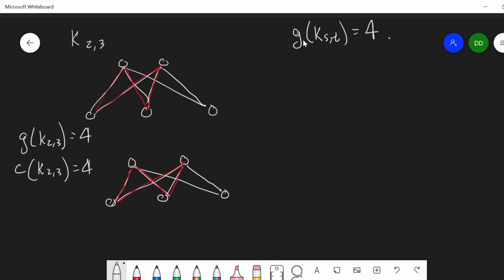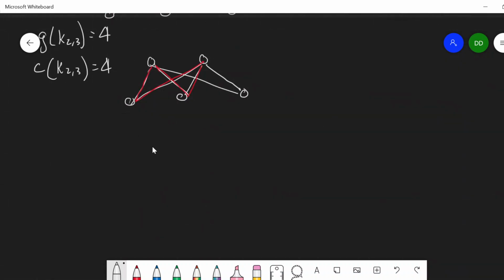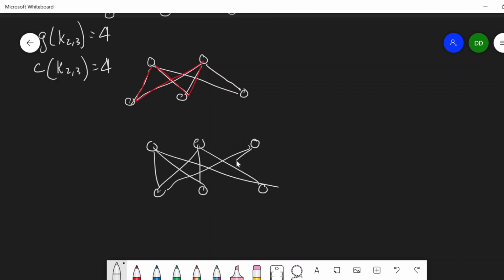So why don't we look at another one? Why don't we look at K3,3? So what's the best I can do? I go out, I come back, I go out. I don't want to come back, all right? I have another option here.